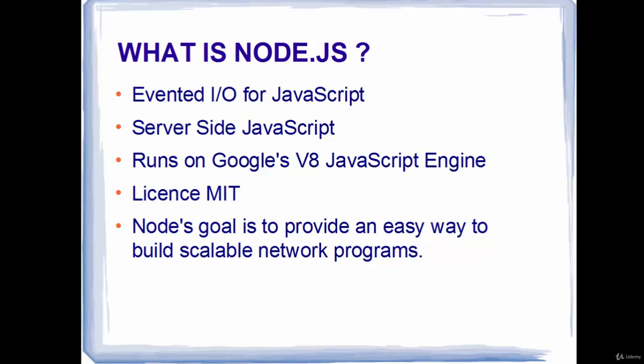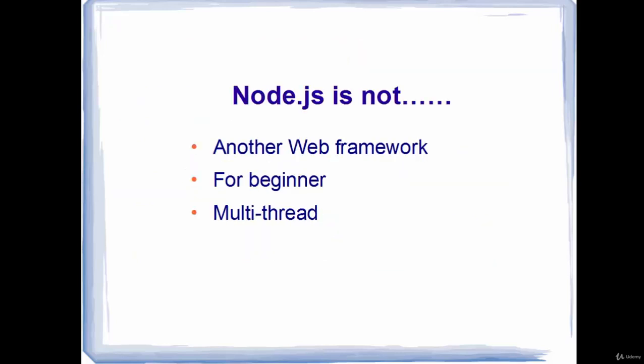The runtime environment interprets JavaScript using Google's V8 JavaScript engine, which is also the JavaScript engine behind Chrome, a web browser, which makes it really fast. Node.js is released under the MIT license, so it's a cross-platform open source framework. So let's go next.